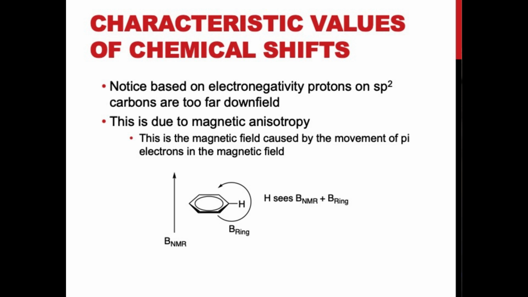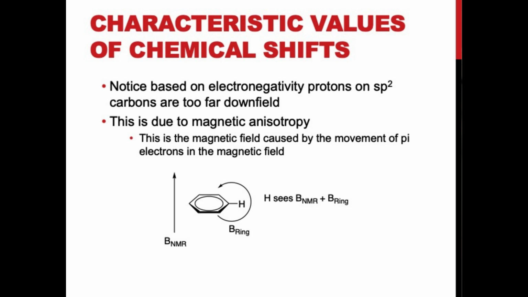And what happens is that field is formed so that it lines up with the magnetic field of the NMR. So it loops around the ring, and as it goes from one side of the ring around to the other, when it is by the hydrogen on the ring, it's pointing in the same direction as the magnetic field of the NMR. So the hydrogen doesn't just see the magnetic field of the NMR.